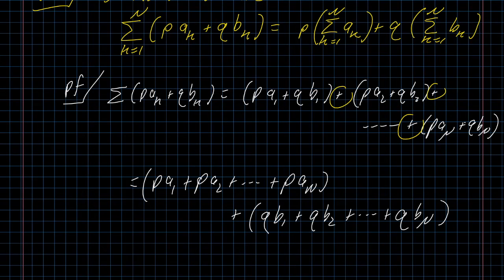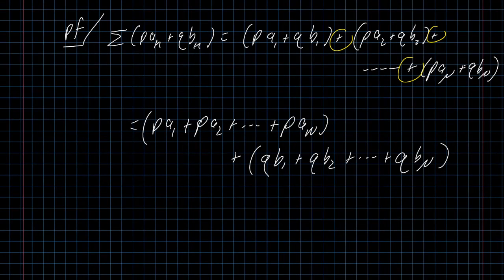There's nothing stopping that. Then from the first group, we can factor out a P. And from the second group, we can factor out the common factor of Q.